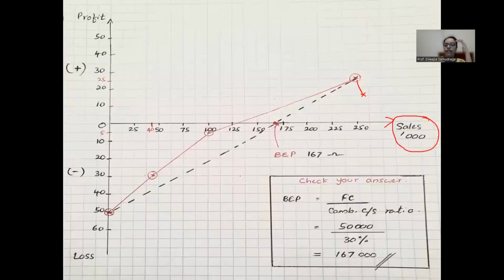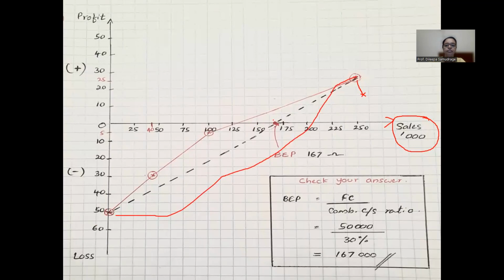But you can draw this the other way also, from lower CS ratio to higher CS ratio, right? Then your graph will be on the other side. Your graph will come like this, right? Likewise, when you mark these lines, the same line, right?